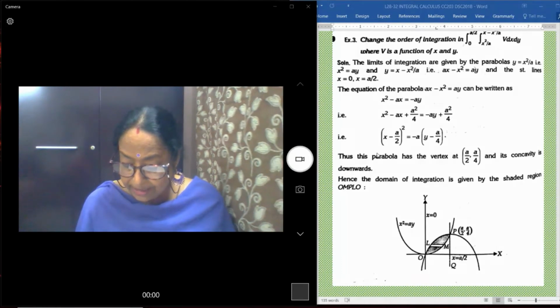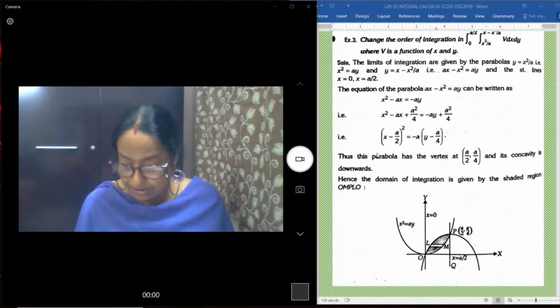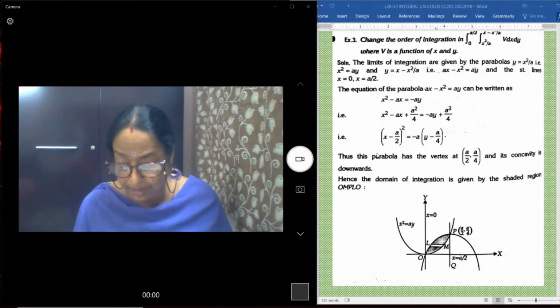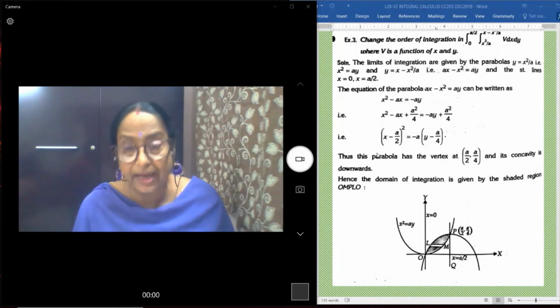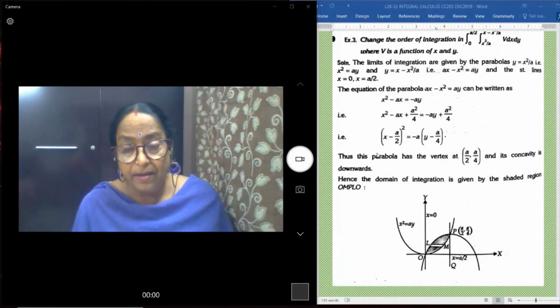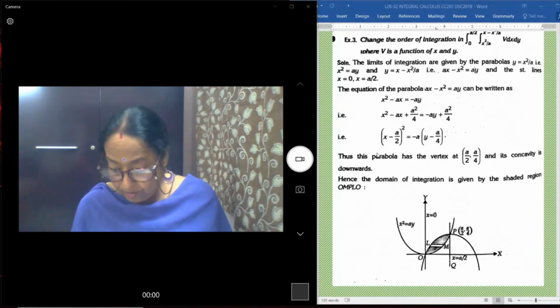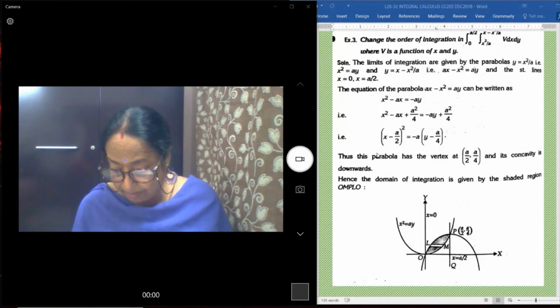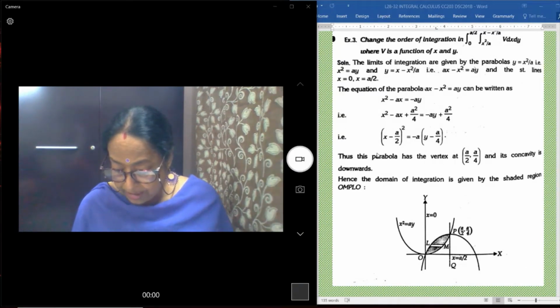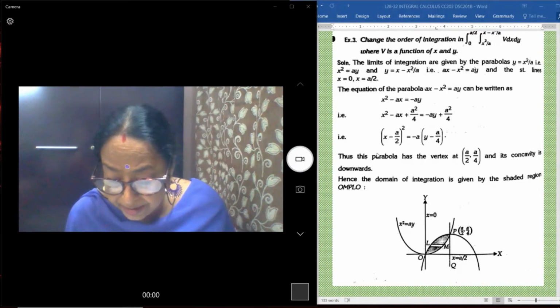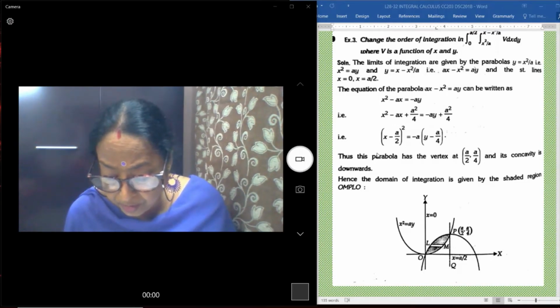So we can see the shaded portion and the strip parallel to the x-axis, that is LM, where the value of x changes. The value of x changes for the second parabola, that is y equal to x minus x square by a.